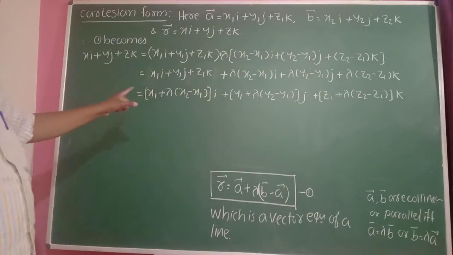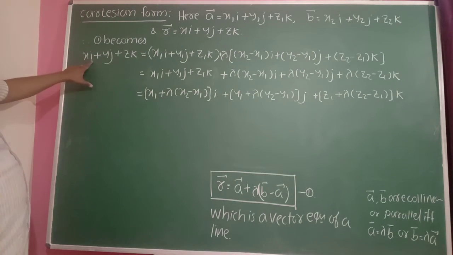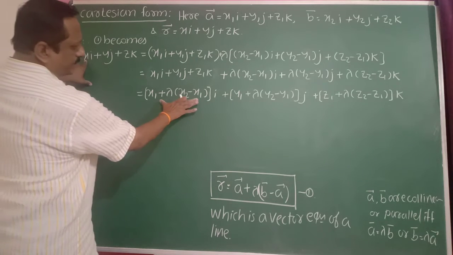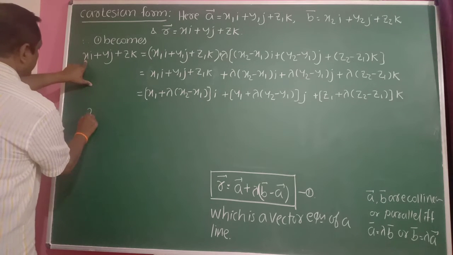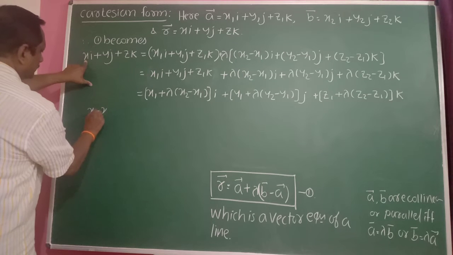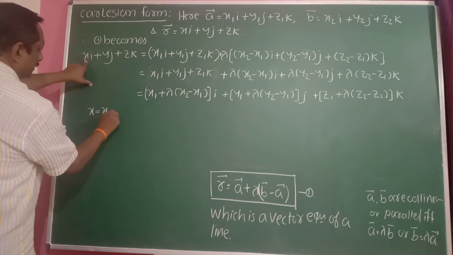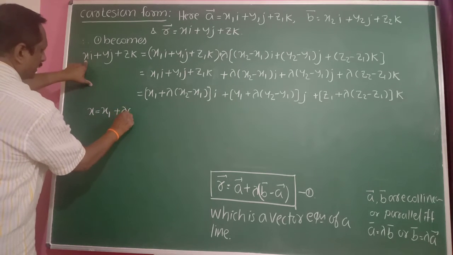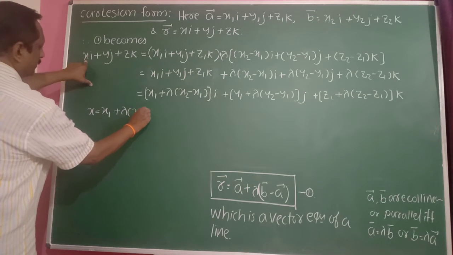Then equating i, j, k coefficients: here the i coefficient is x, and here the i coefficient is this one. So x is equal to x1 + λ(x2 − x1).